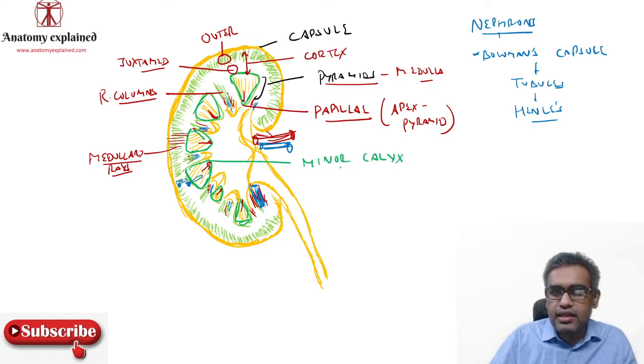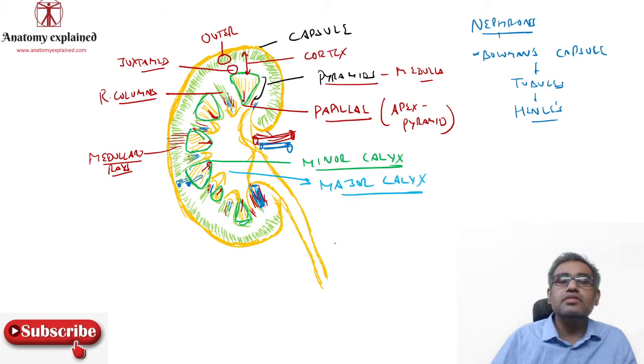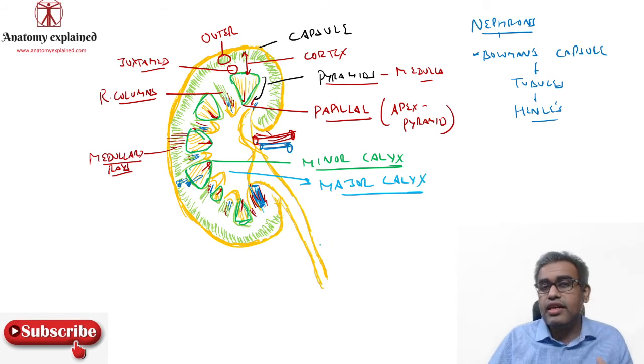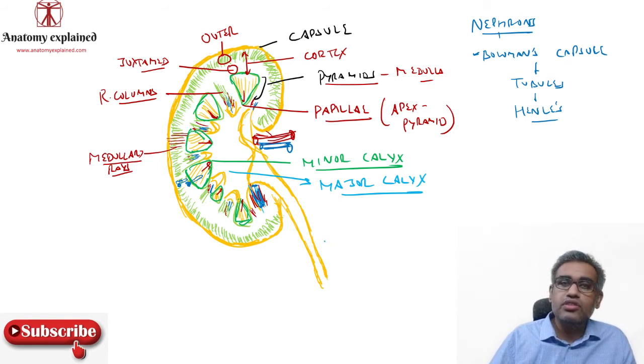They will be right at the summit of the papilla, and these minor calyces will be collecting the urine, and from the minor calyx the urine will go into the major calyx. So obviously there will be a few bigger calyces over here which are known as major calyx. A few of the major calyces will combine and drain into the infundibulum.